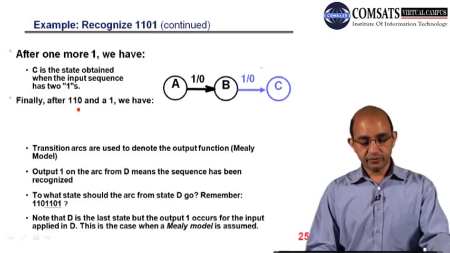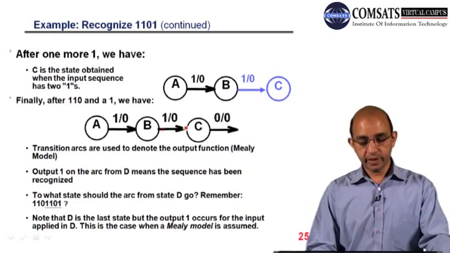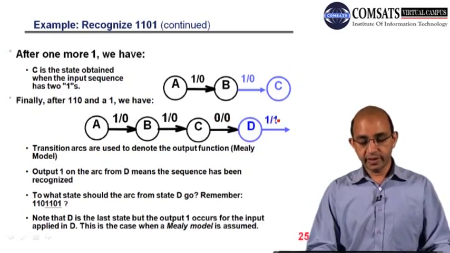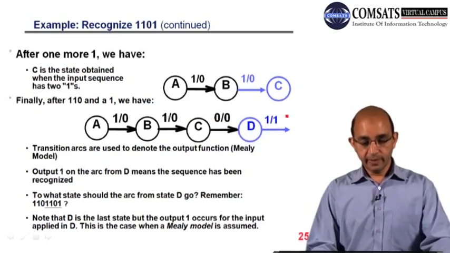And after 1 1 0, if I take 1 1 0 and again 0, we don't have this combination till now. And then after that you can see that we have the combination 1 1 0 1, and this is somewhat different from 0. As we mentioned, whenever we have 1 as an output, it means that the combination has been recognized.